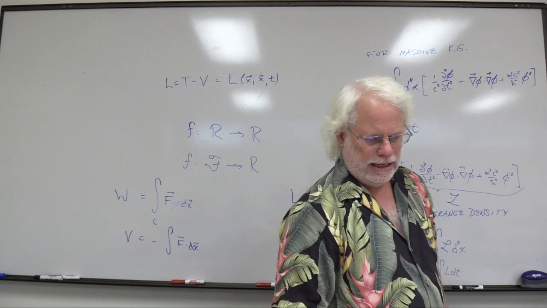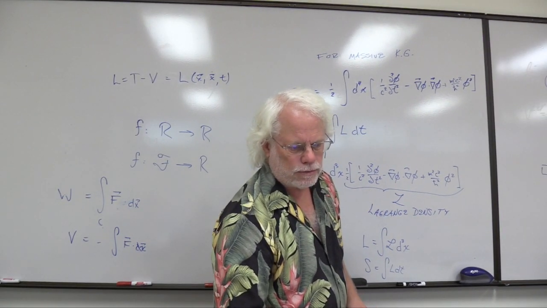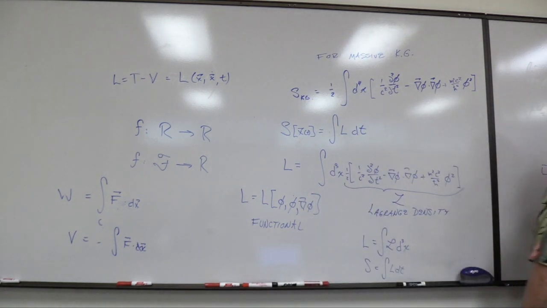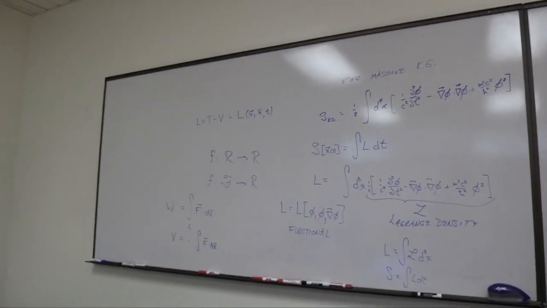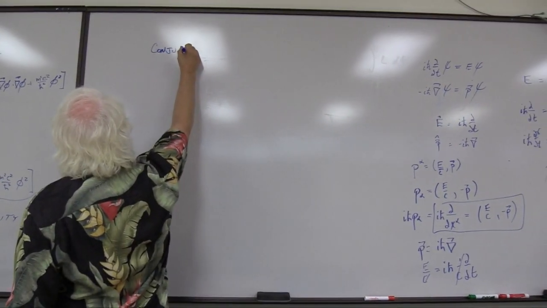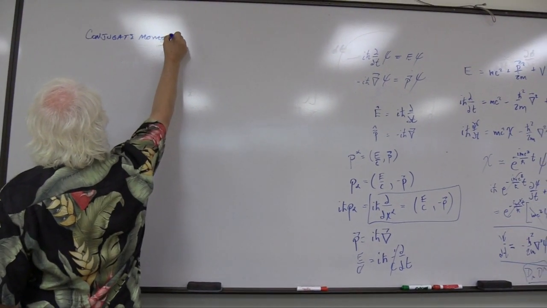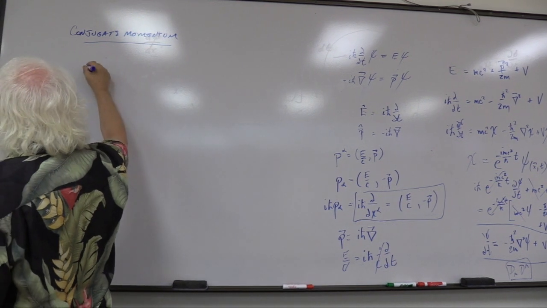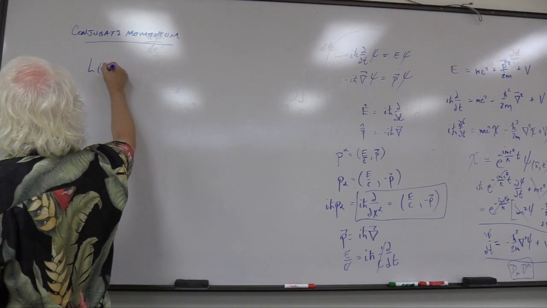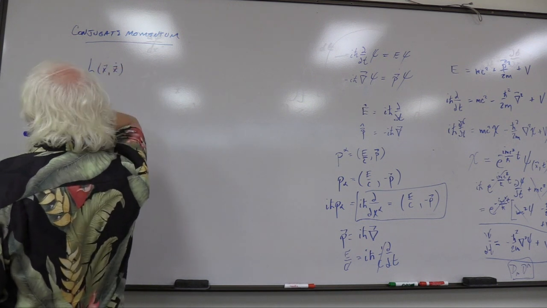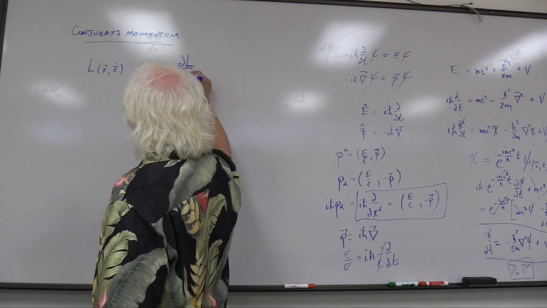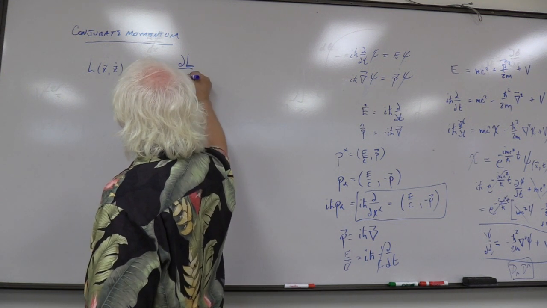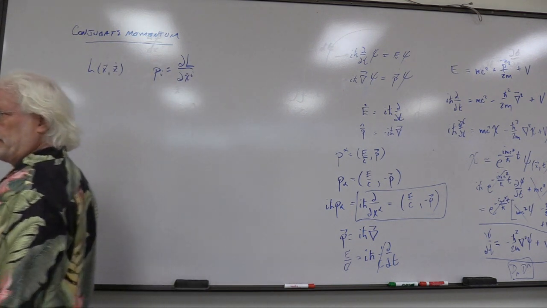But we do need to be a little careful. For example, if we want the conjugate momentum, we know that if we have a Lagrangian that depends on x and x dot, the conjugate momentum p is the partial of that Lagrangian with respect to the velocities.